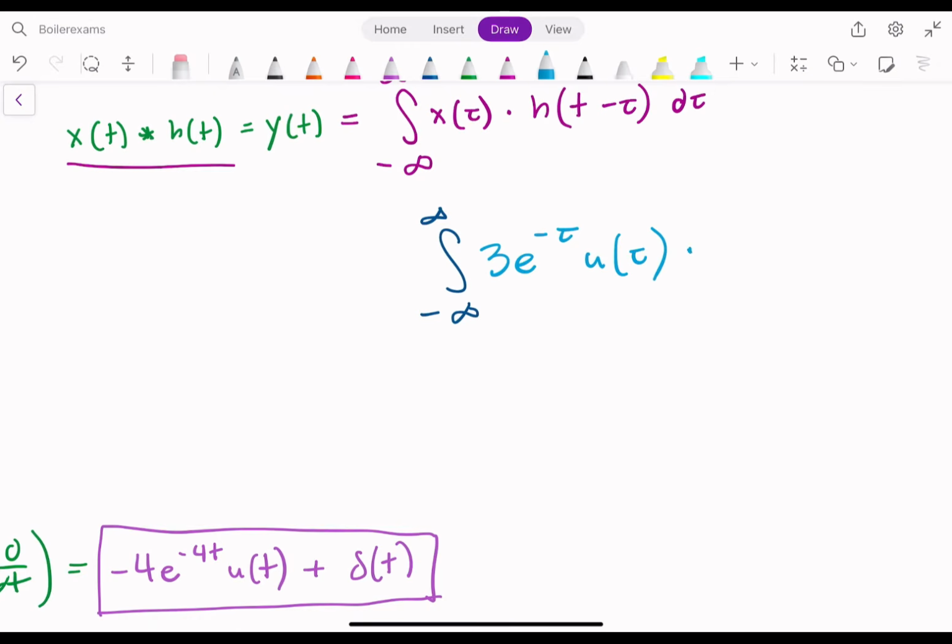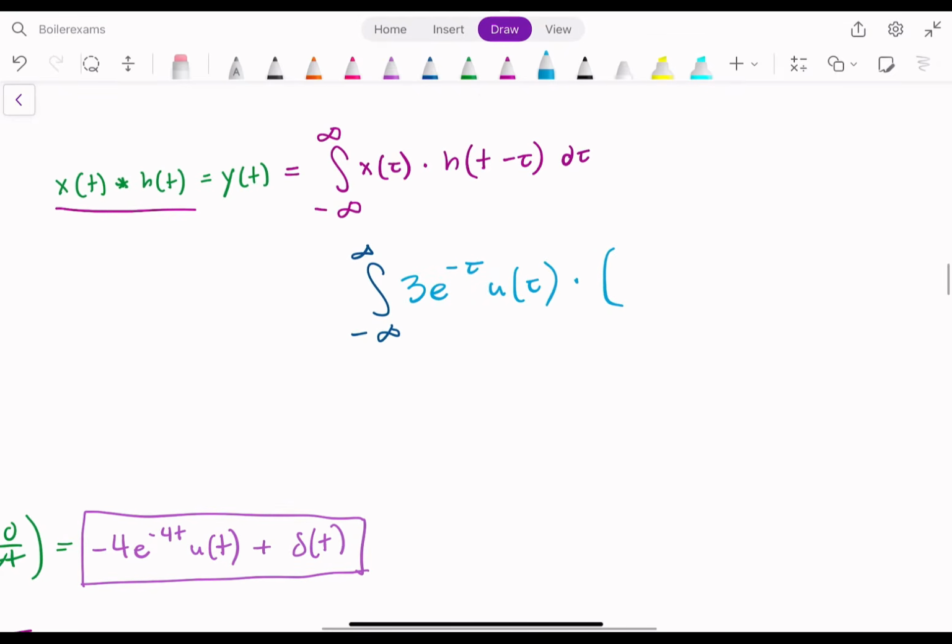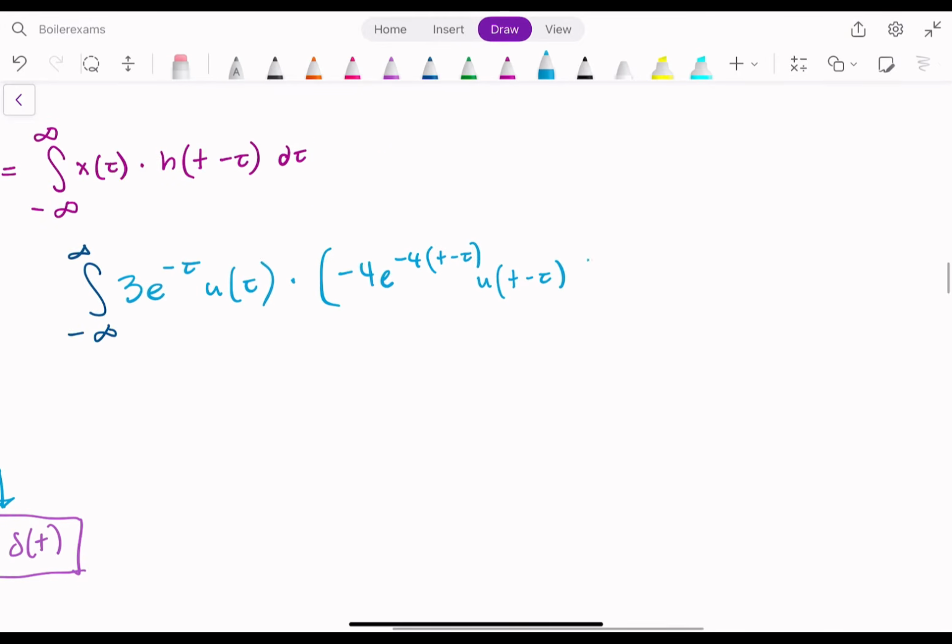And then we're going to multiply this by our impulse response manipulated into h of t minus tau. So we're going to replace t with t minus tau in h of t. So we're going to have negative 4e to the negative 4 t minus tau u of t minus tau plus, no, not u, Dirac delta function t minus tau, and then this is d tau.